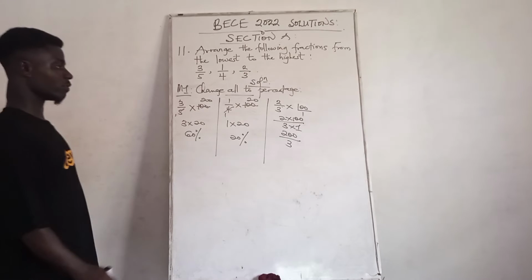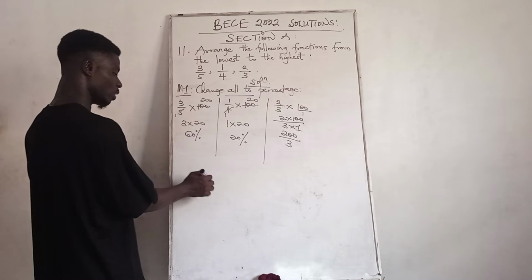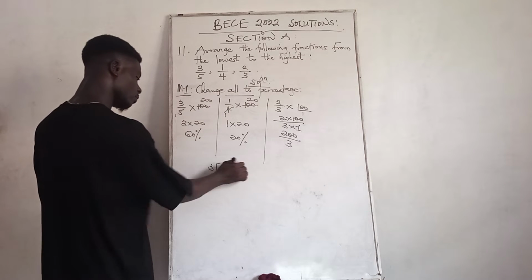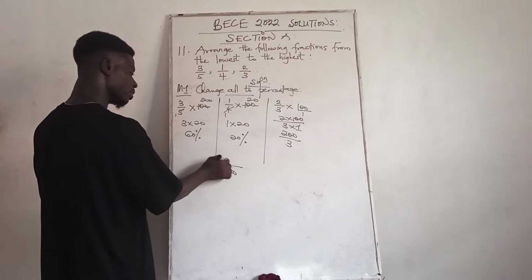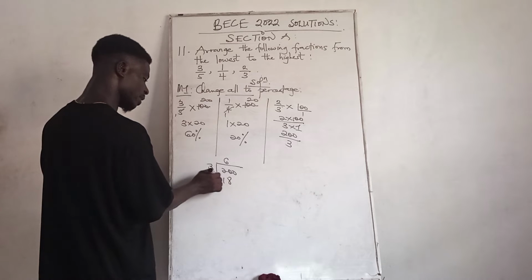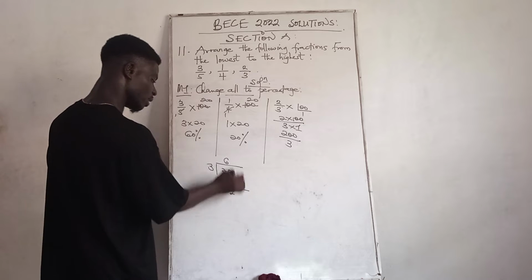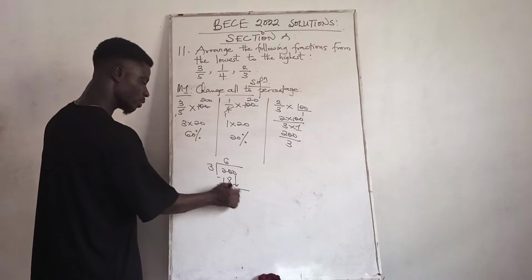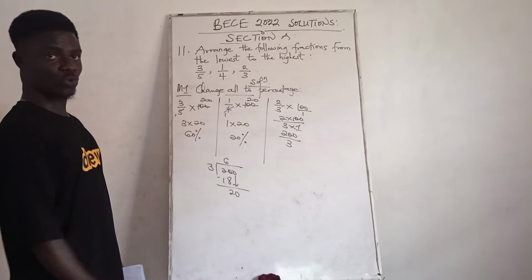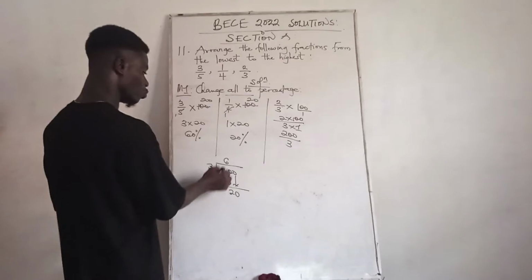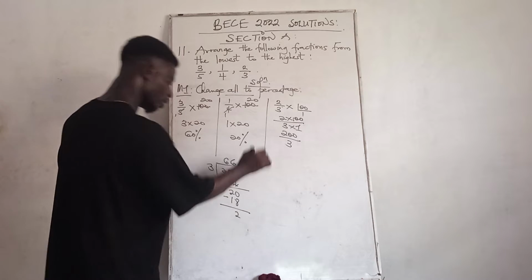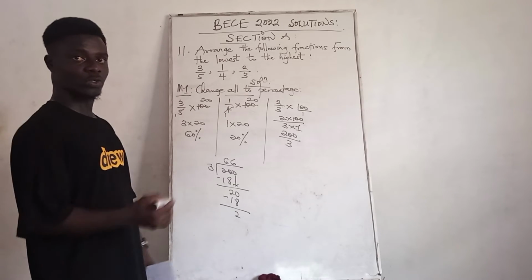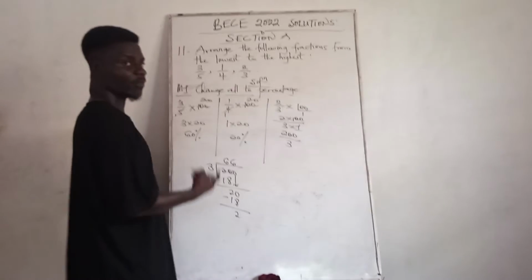Then we use long division to tackle that. 3 goes into 20, 6 times. 6 times 3 gets 18. We subtract, we get 2. Then we drop the 0. 3 goes into 20, still 6. 6 times 3 is 18. We subtract, we get 2.